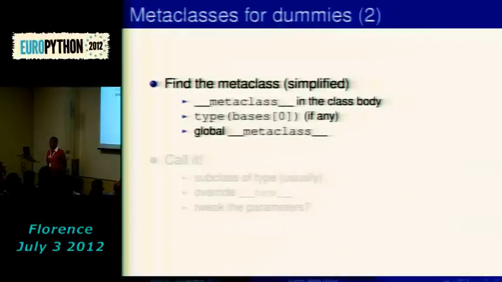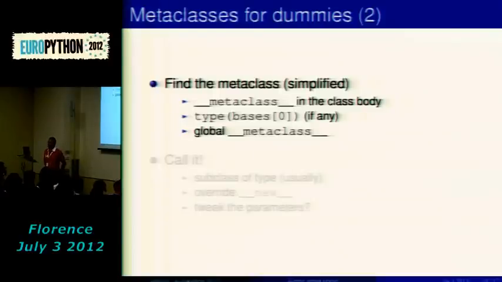If there is not, we try to find the first base class and look at its type. As I said, a class is a type, and the type is a metaclass. So we reuse the same metaclass as our base, our superclass. If we don't find it, we also try to look in the global __metaclass__ variable.